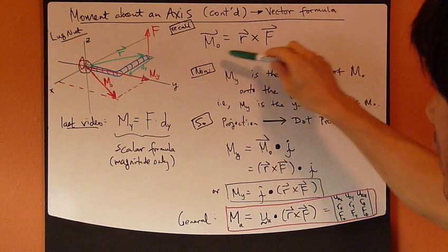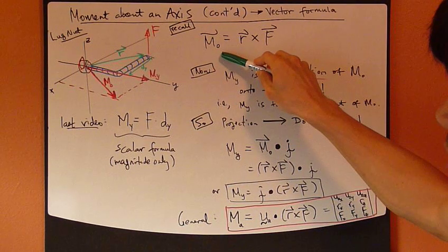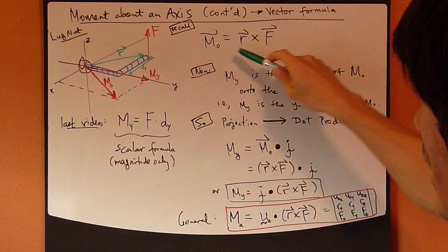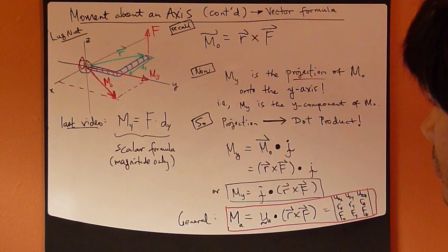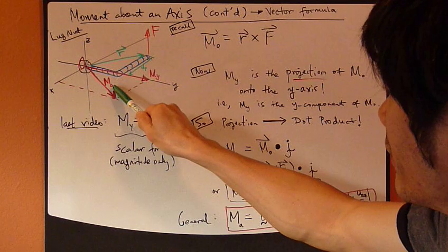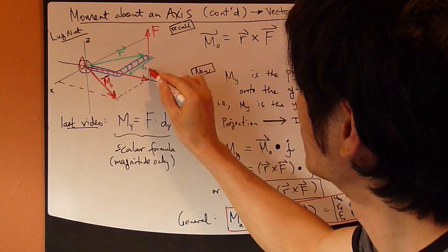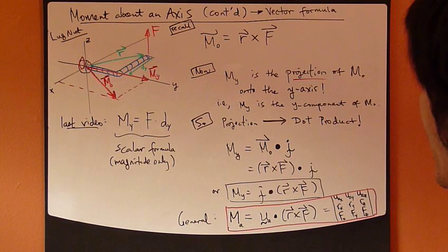Recall that moment about a point is defined as r cross F. We've been doing this for a long time now, so this is this guy right here, just to emphasize the vectors.